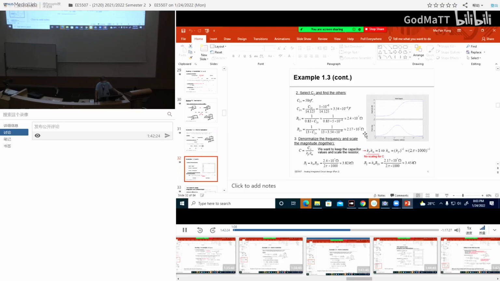Once we have all these values in the normalized form, we denormalize the frequency, and then we can also scale the magnitude. So once we do that, we get all these values. Here we just don't scale the C. We keep the C at 50 nanofarad.